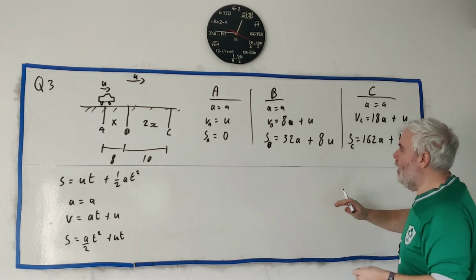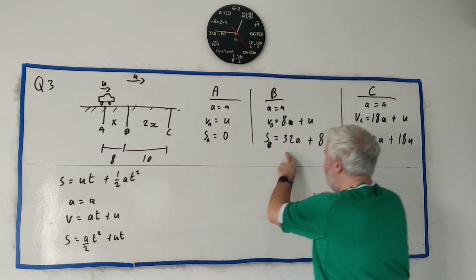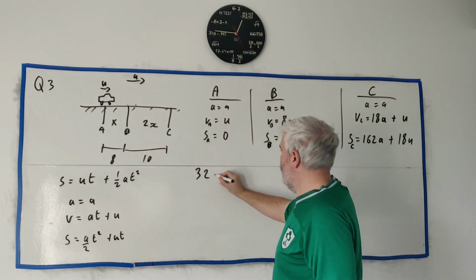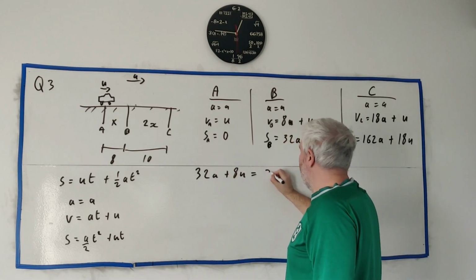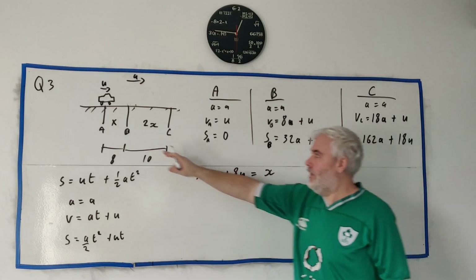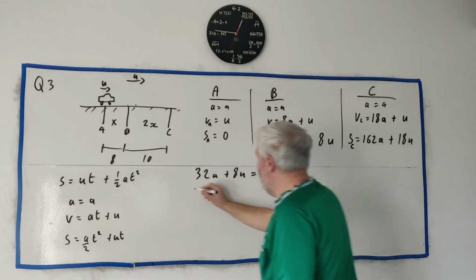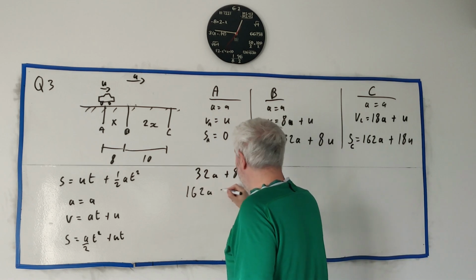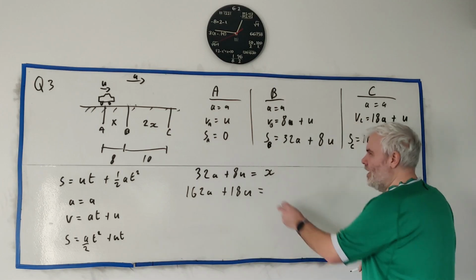Let me show you what I mean. This number was 0. If you take my number X here, this guy here, 32A plus 8U would be equal to X. That's his number there. This one though is 162A plus 18U is equal. It's not equal to 2X.